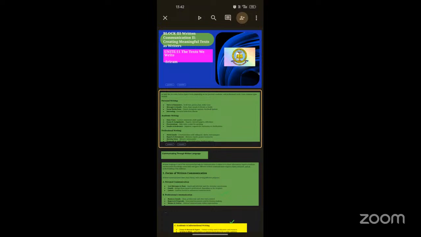Okay, citations and referencing. It's a very important topic here. Citations in the sense of information from where you have taken it, you have to give the credit. You shouldn't claim that it's your own.